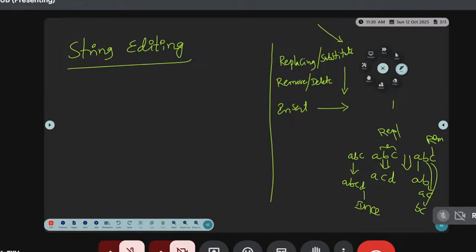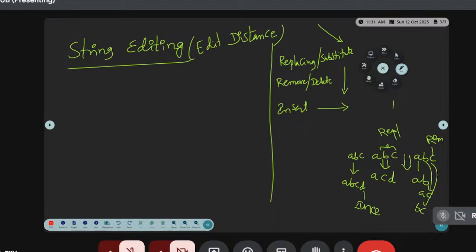So before we go on, write one statement. String editing, often referred to as edit distance.